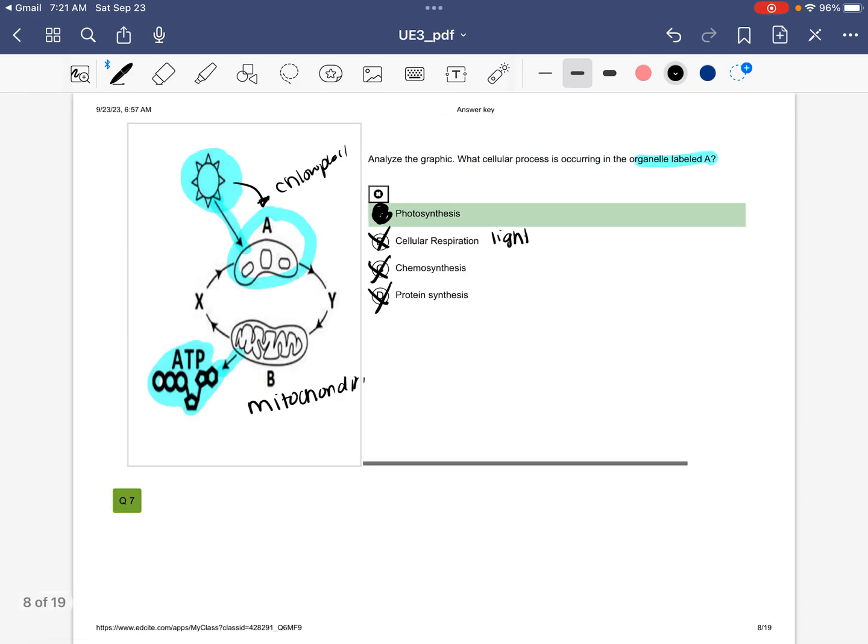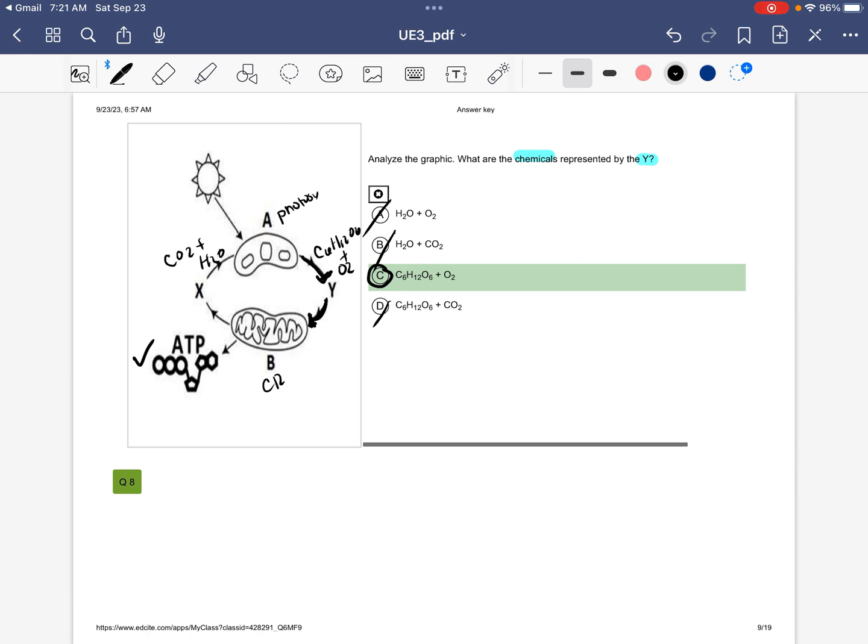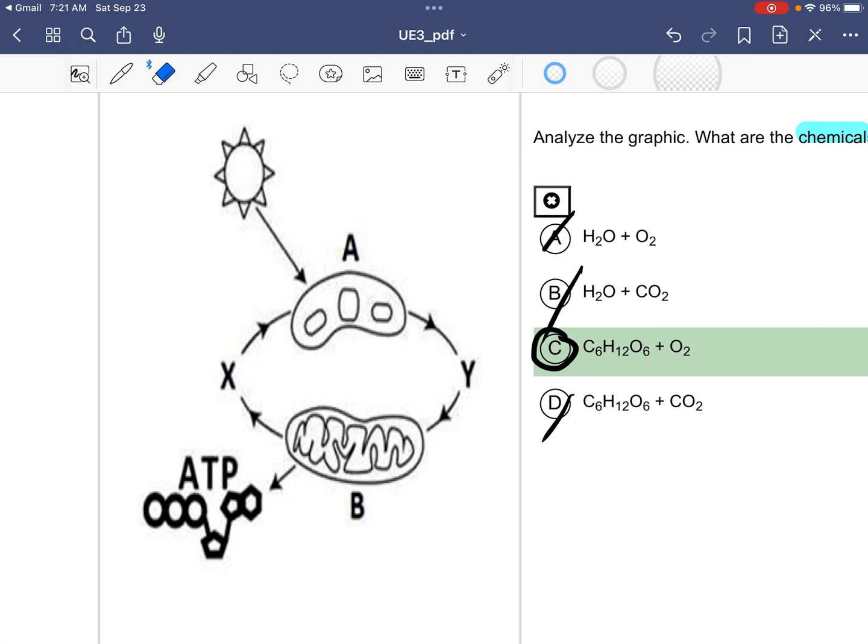For this one, class, honestly, just writing the visual, like, let me make it a little bit better. That can be your proof or your correction. So we know that here we have the chloroplast, which equals photosynthesis.